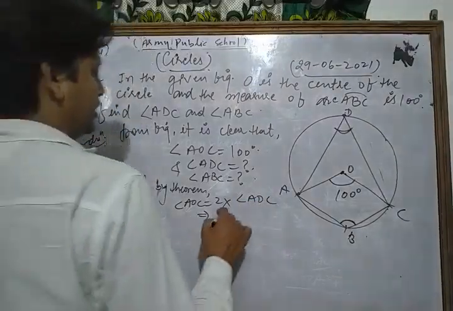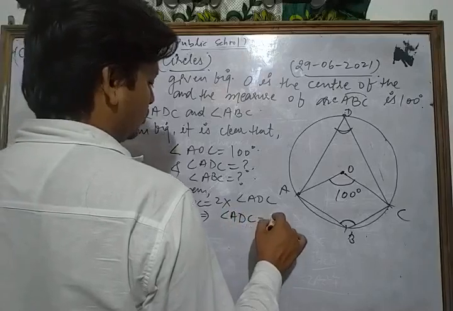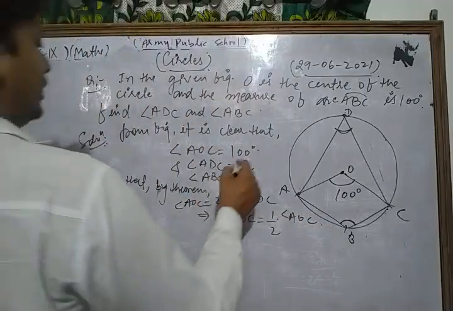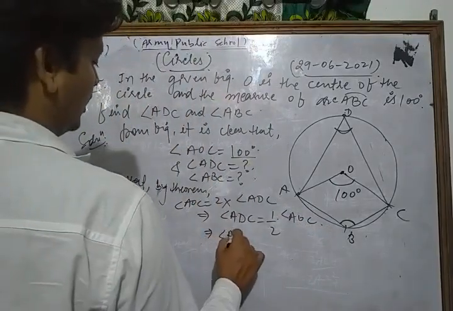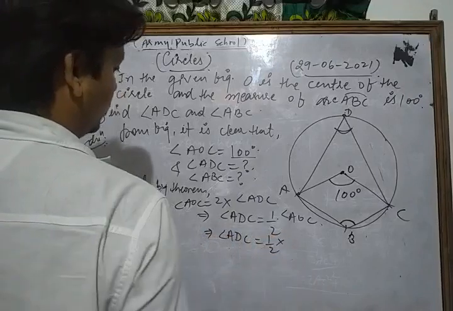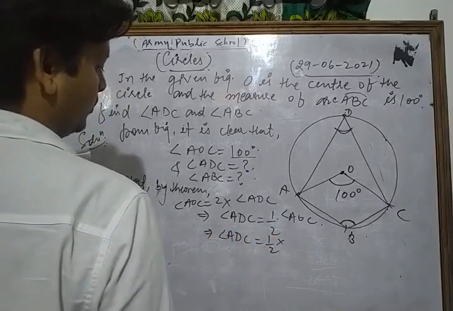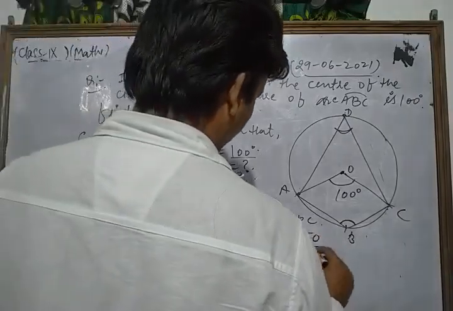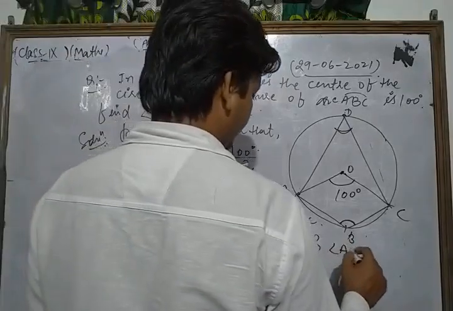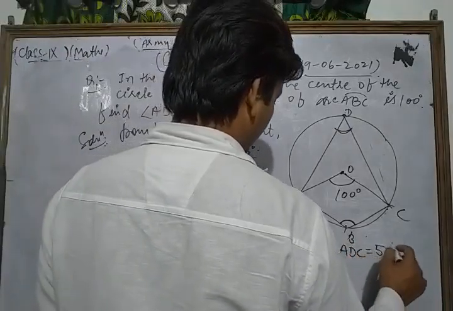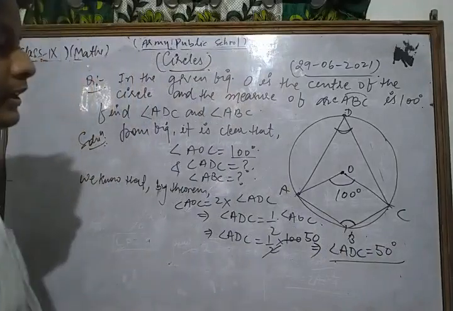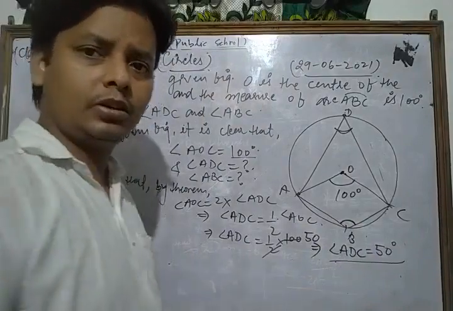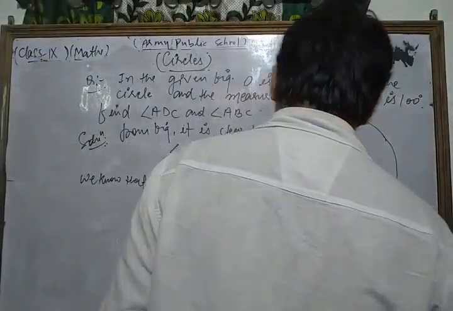In this way angle ADC is half of angle AOC. Now we put the value of angle AOC as 100. So angle ADC is equal to 1/2 into 100. 2 fives are 10, 0. So in this way angle ADC is 50 degrees. This is one answer of that question.